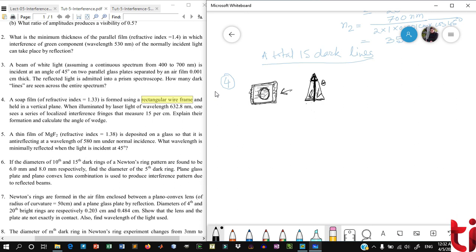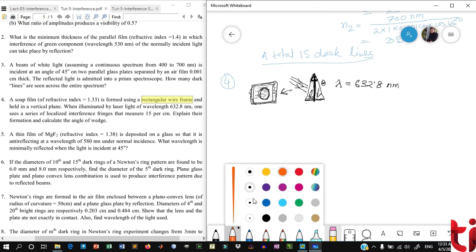Now, to understand the next part, such a wedge-shaped thin film uses a light of wavelength lambda is equal to 632.8 nanometer.